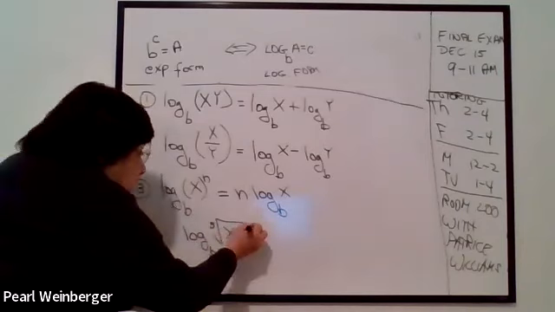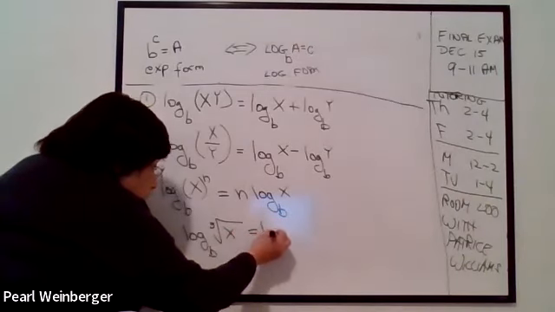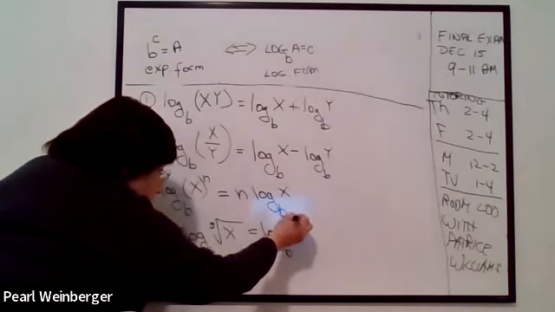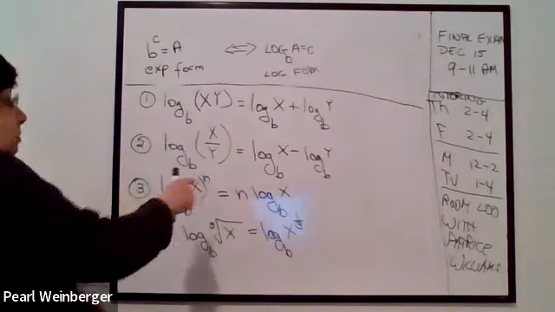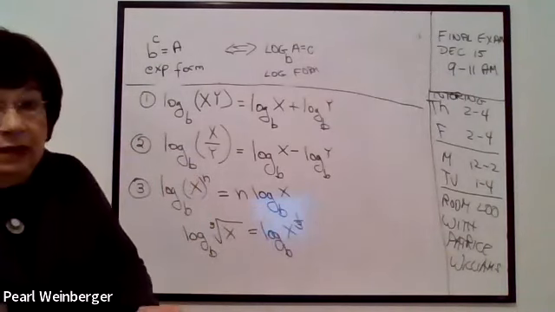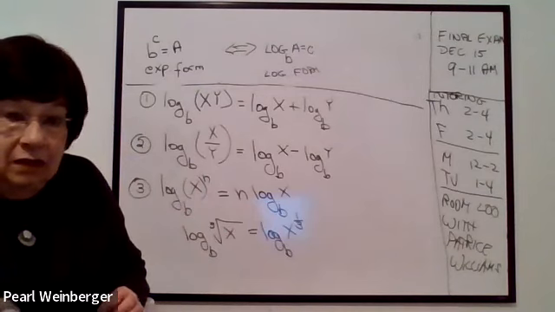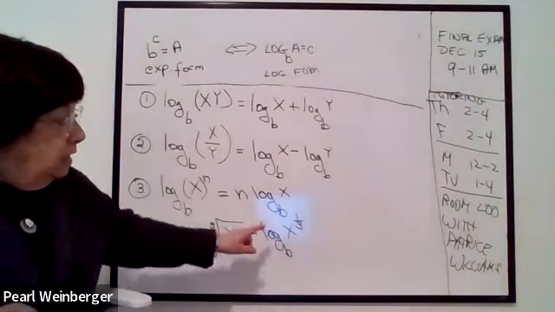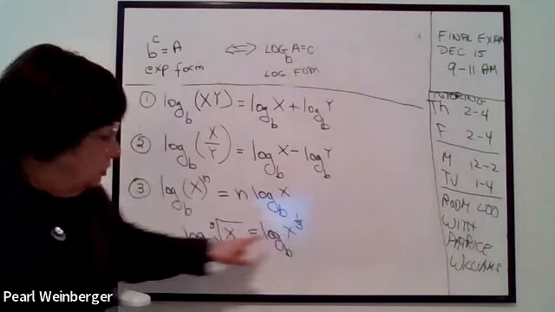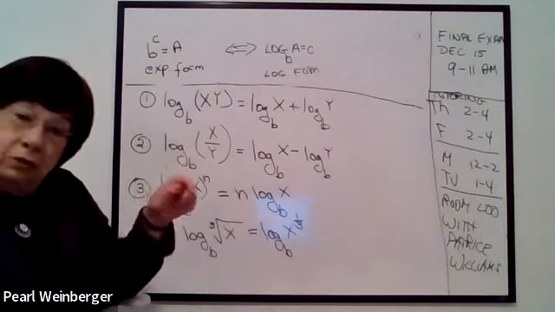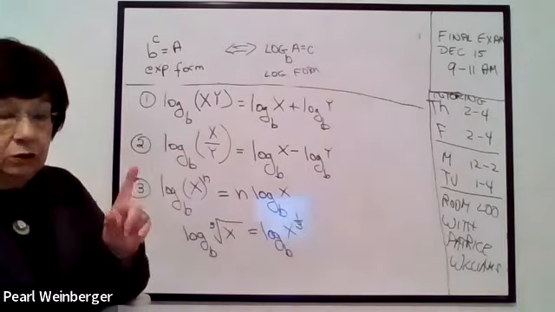We could write this as X to the 1/3. Any radical can be written as an exponent where it's a fractional exponent and the denominator of the fraction happens to be what the index is. Remember, if it's just a plain square root, the index is 2.